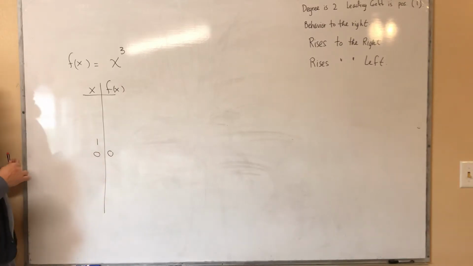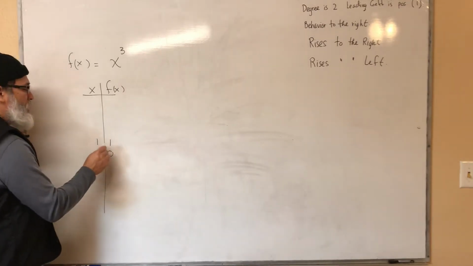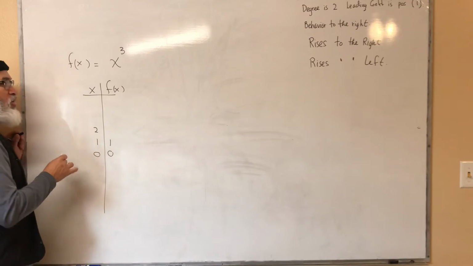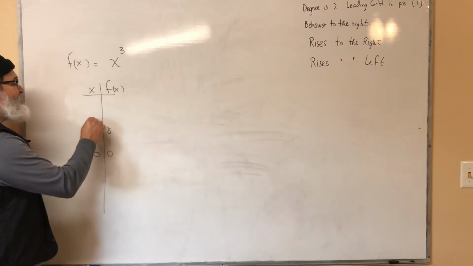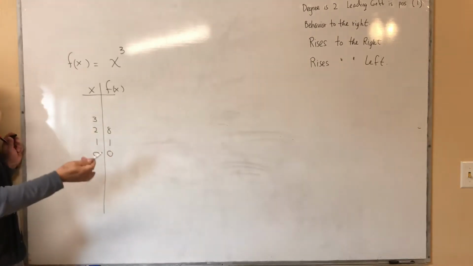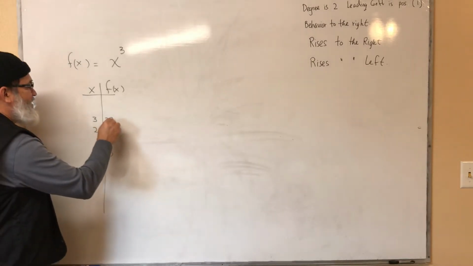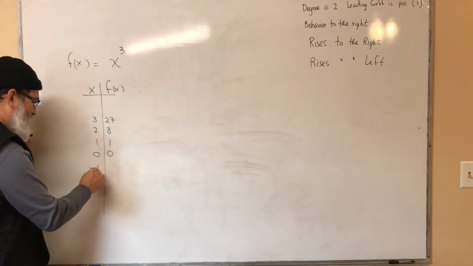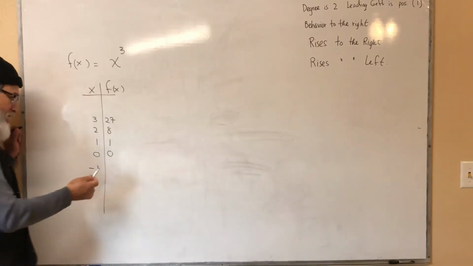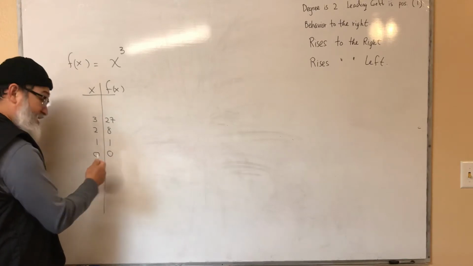What is 1 to the third power? 1. How about 2? Let x be 2. What is 2 to the third power? 8. Let x be 3. What is 3 to the third power? 27. Let x be negative 1. What's negative 1 to the third power?